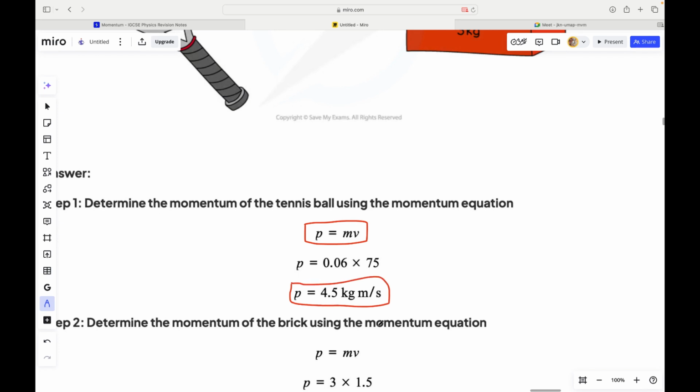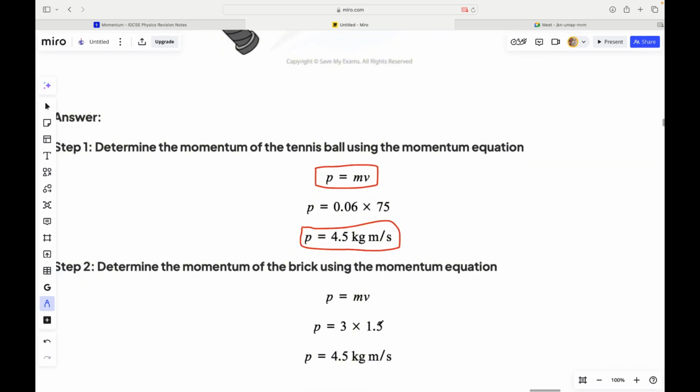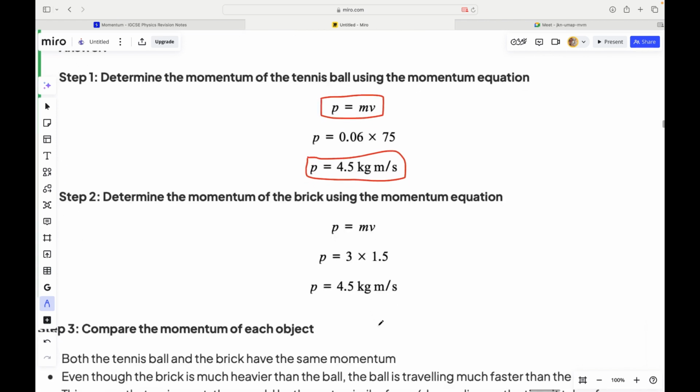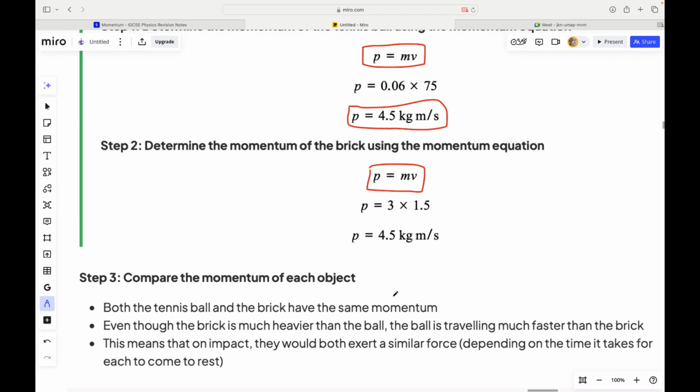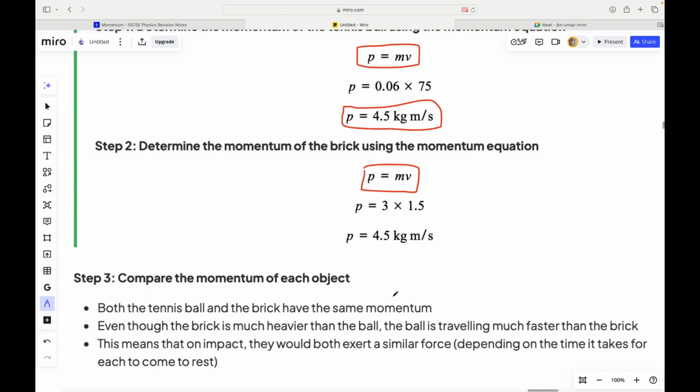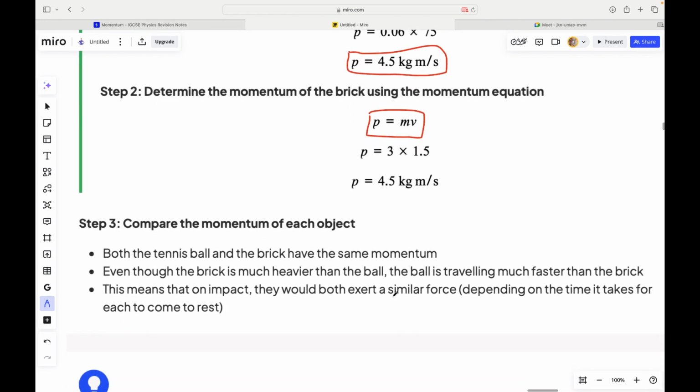Now let's calculate the momentum of the brick using the momentum equation, mass times velocity. The mass of the brick is 3 kilogram times the velocity, which is 1.5. It also gives us 4.5 kilogram meter per second. So none of them has a greater momentum. They have the same momentum.